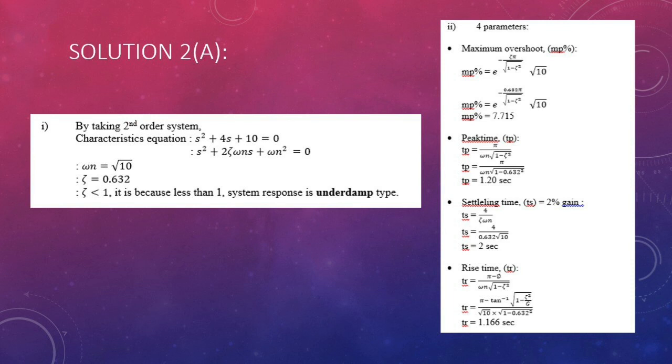So we can see the peak time has been found as 1.02 seconds, the settling time is 2 seconds, and the rise time is 1.166 seconds. Not to forget the Mp, which is the maximum overshoot, is 7.715% and the working has been shown clearly in the slide.